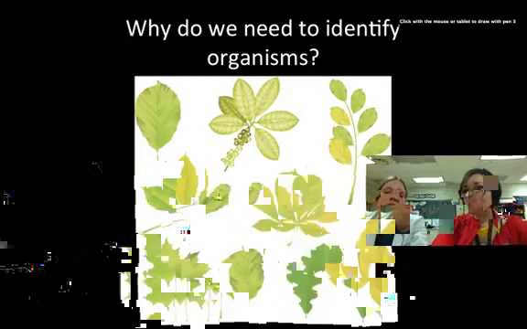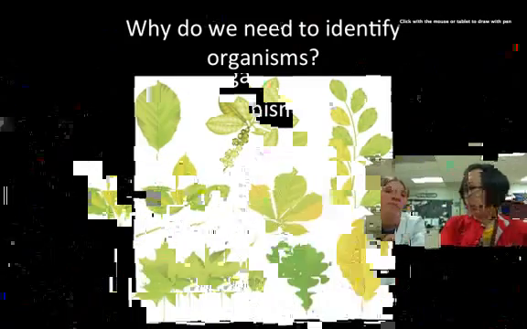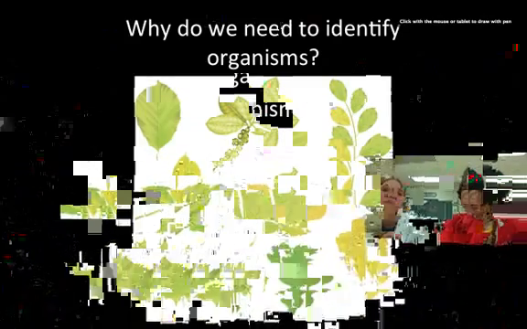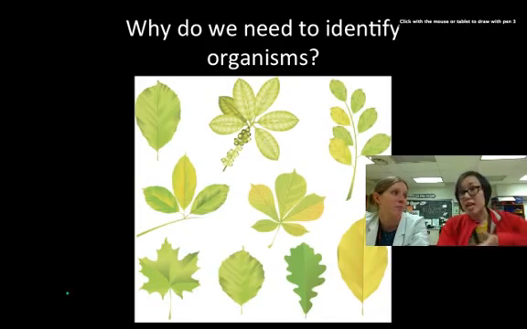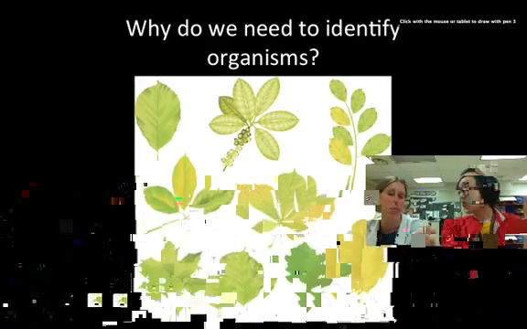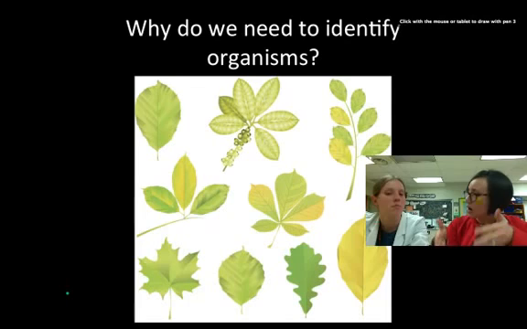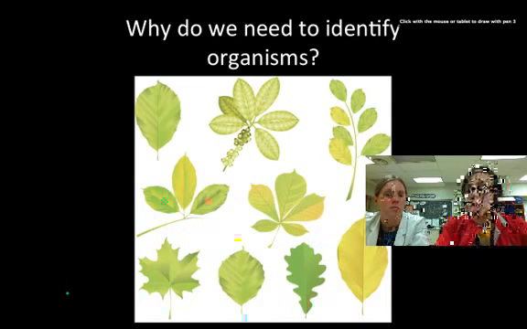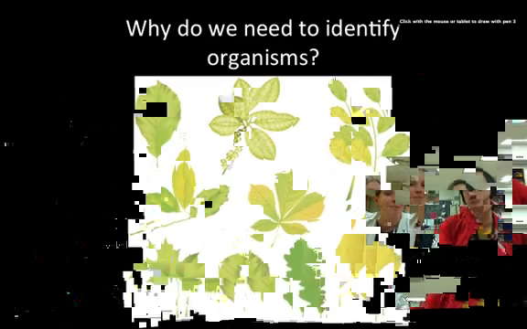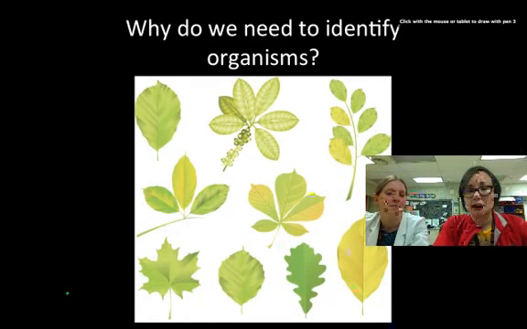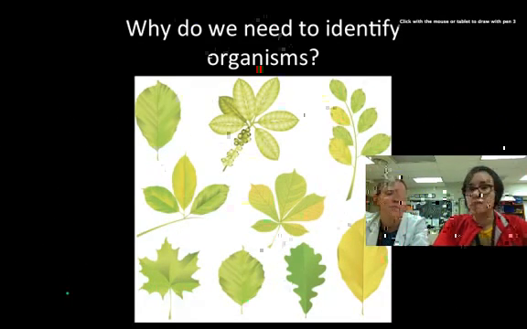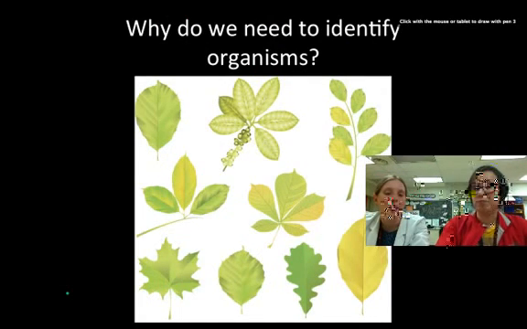I could also potentially use the internet, but then again, we're talking about a lot of time and a lot of energy looking at lots of different things. What we want to do is use a tool that really narrows down our options and helps us to quickly and easily, and accurately, because we want to be accurate, identify which trees each one of these leaves actually came from. So what is that magical tool?